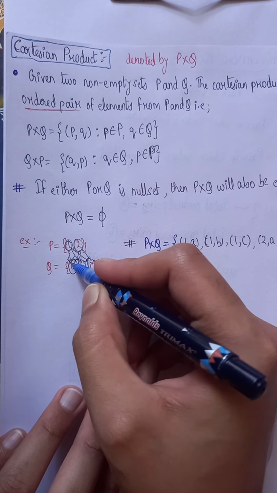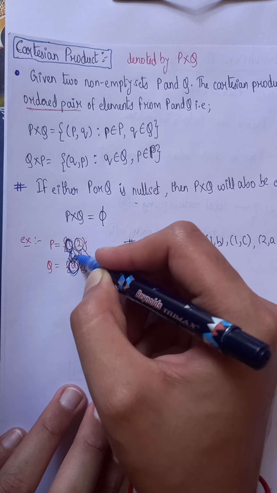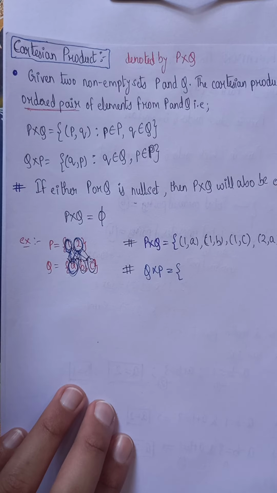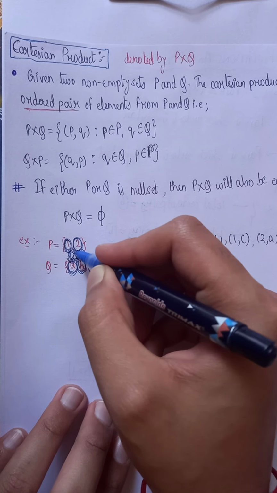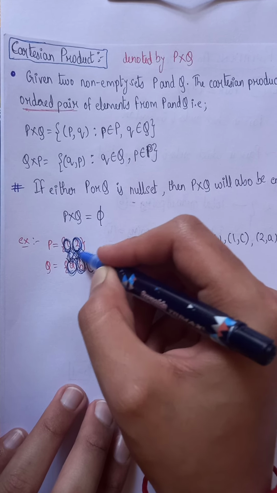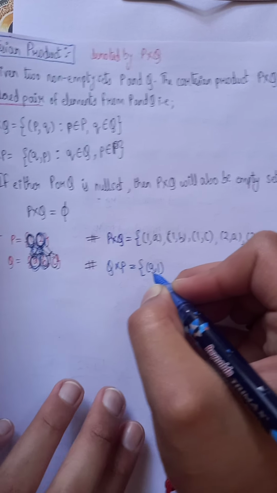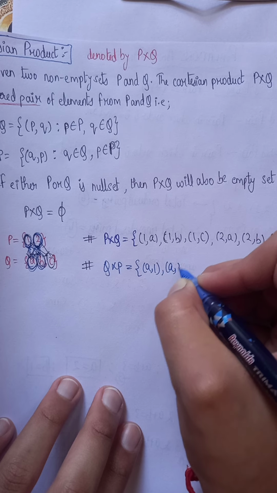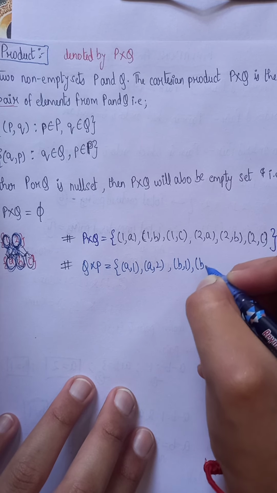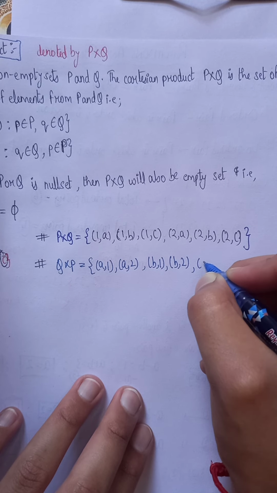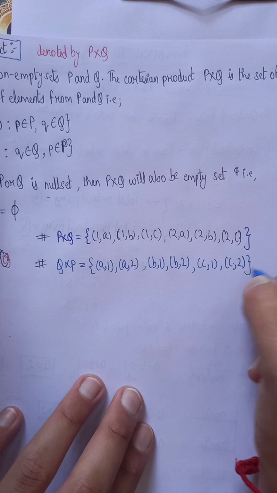Now you should write a comma 1, a comma 2, next b comma 1, b comma 2, c comma 1, c comma 2.